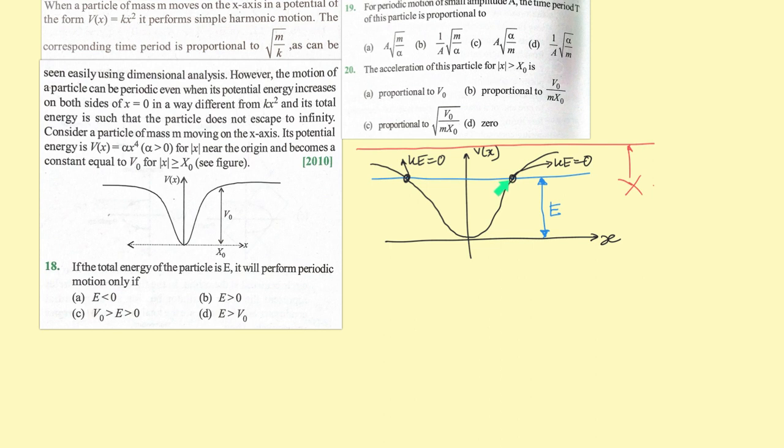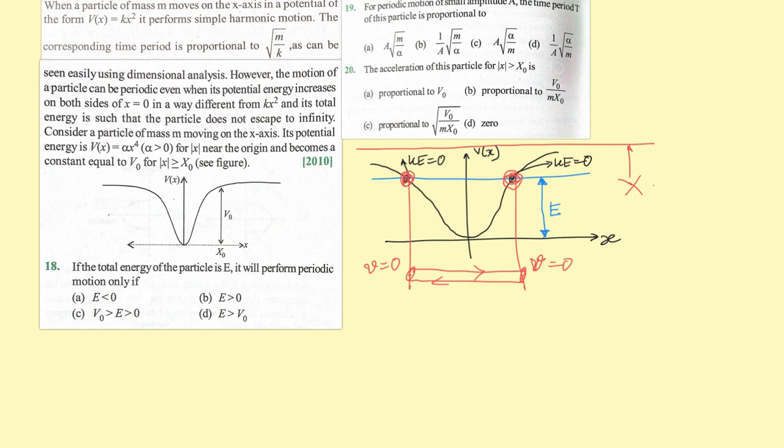So when the blue line, the total energy which is constant, and this black curve, the potential energy, meet, their kinetic energy is equal to 0. ये दोनों पॉइंट में kinetic energy 0 है. So in this range the particle will oscillate to and fro, because at the extreme positions kinetic energy or velocity or the speed is equal to 0 at both extremes.